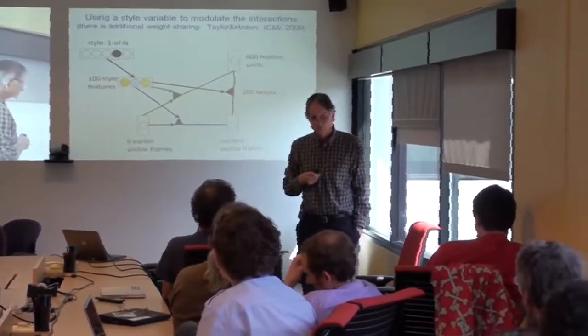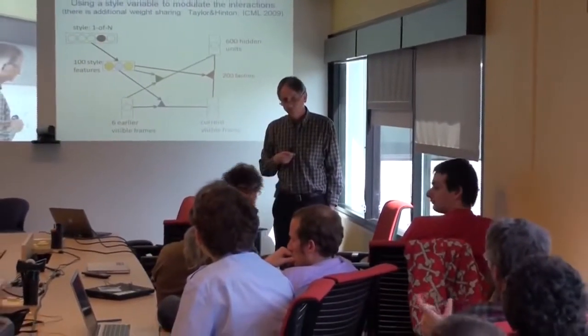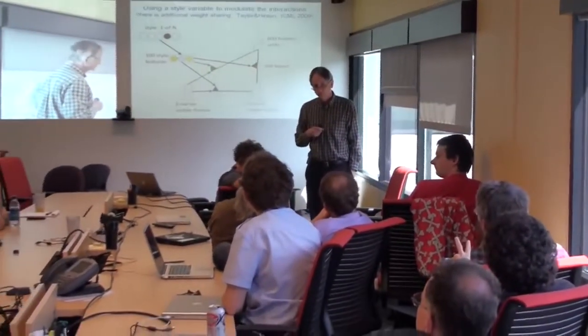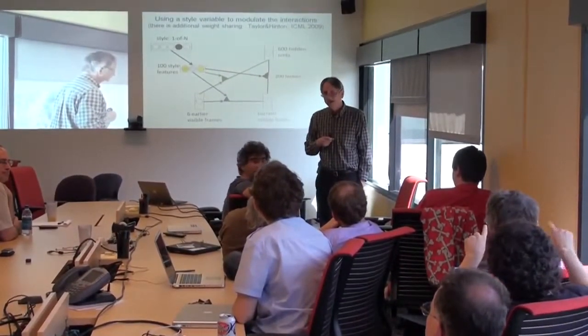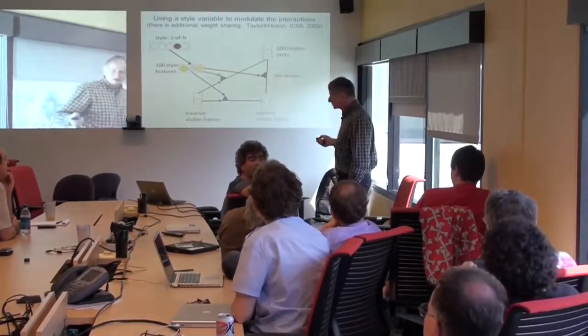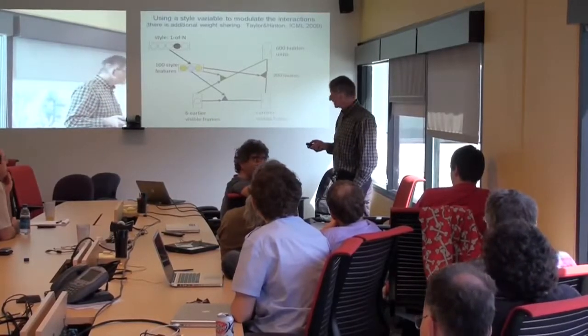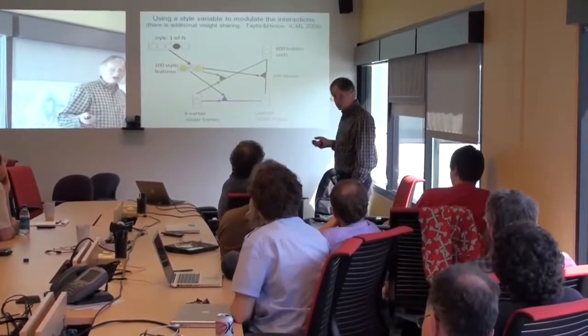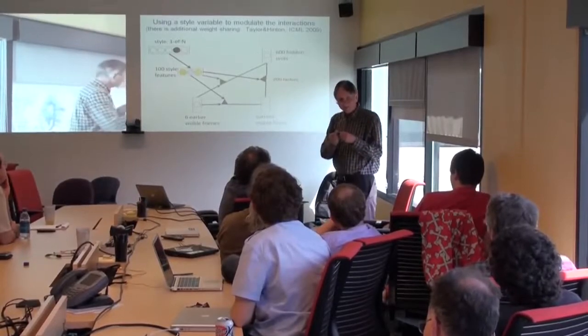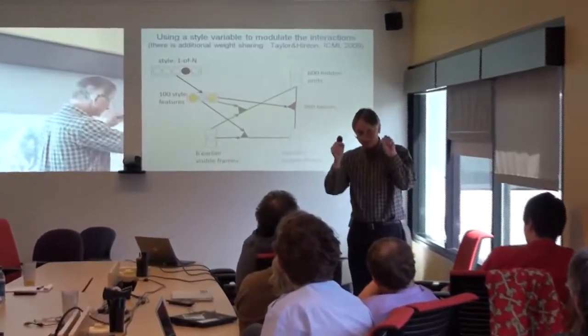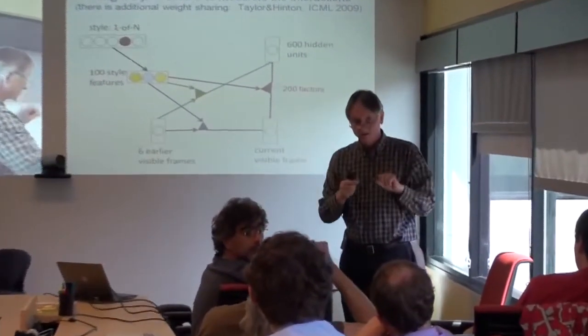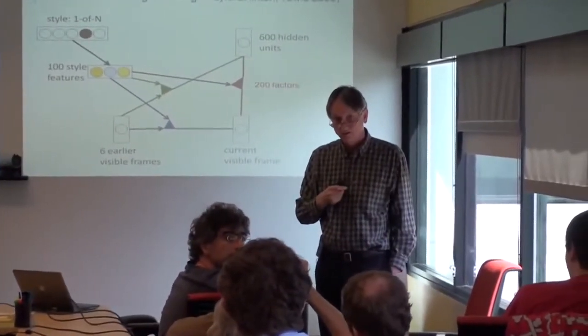In your earlier diagram where you had the history, it looked like there was nothing to keep track of the relative order of the earlier frames. They all had a direct link to the current frame. Is there anything in the model that cares about that relative order? Yeah. The weights on the connections will tell you which frame it's coming from. In the earlier model, there were 2 blue lines. They're different matrices, and they have different weights. But there's nothing from 2 steps previous to 1 step previous, right?